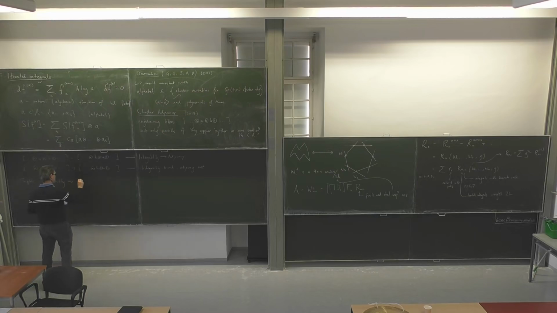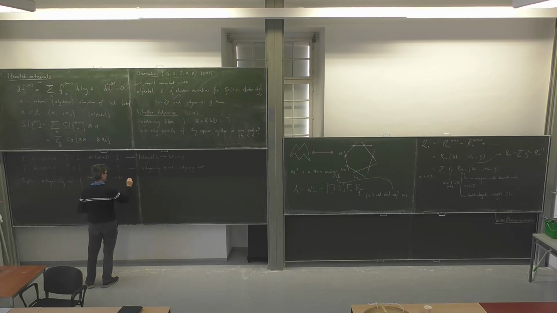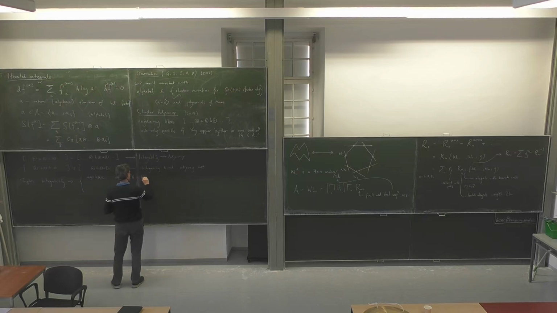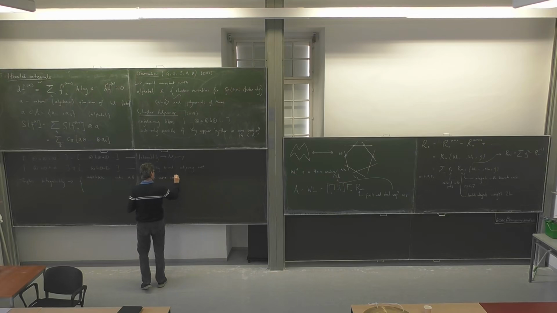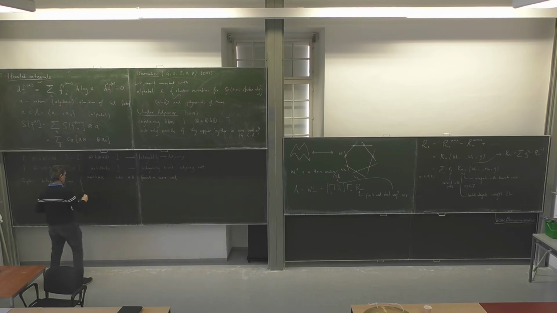And you find the triples are of 2 forms. You can have A tensor B tensor C, where A, B, and C are all found in the same cluster, same seed. Or you can have A tensor something tensor A prime, where A prime is not in the same seed as A, and therefore it could not appear next to A by the adjacency constraint.